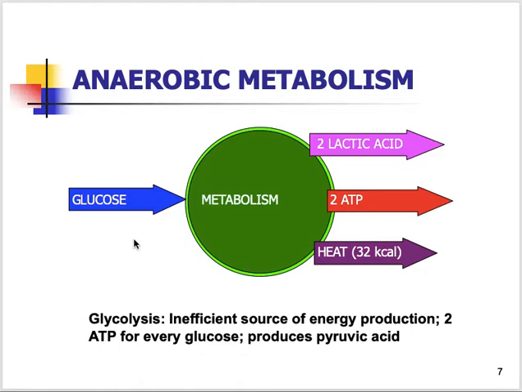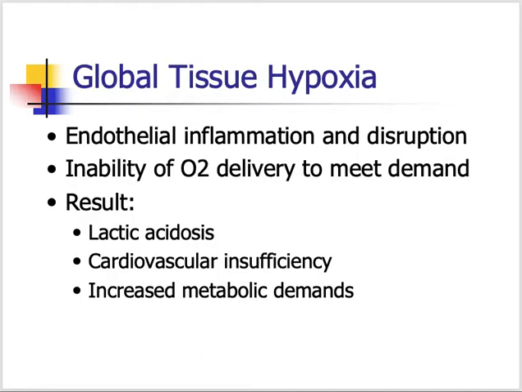So a lot of other changes will happen. For example, there are many cardiovascular changes, like the preload and afterload will be decreased. The heart will go into tachycardia. There will be vasoconstriction, except in sepsis, of course. There is one exception here, which is sepsis. There are many respiratory changes as well, like increased respiratory rate.